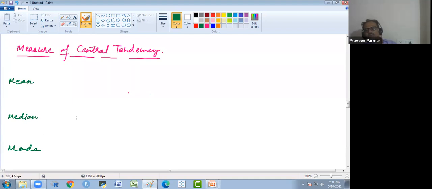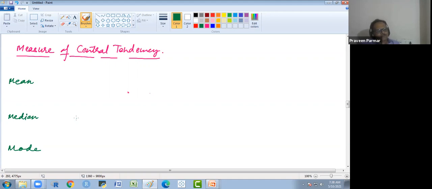So why do we take the central tendency? Can somebody tell me what it means? We want a single value which represents the whole data. Like the member of parliament represents our constituency at the national level, and MLAs represent our constituency at the state level.